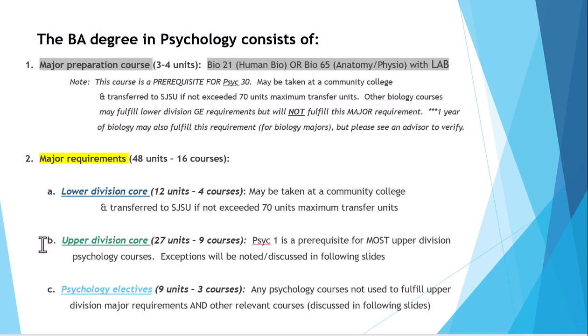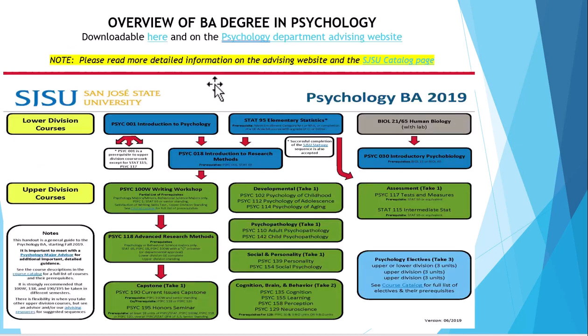The upper division core courses are the ones in the green boxes, and the psychology electives are the ones in light blue. Going back to the figure here, you can see how they're all color-coded.